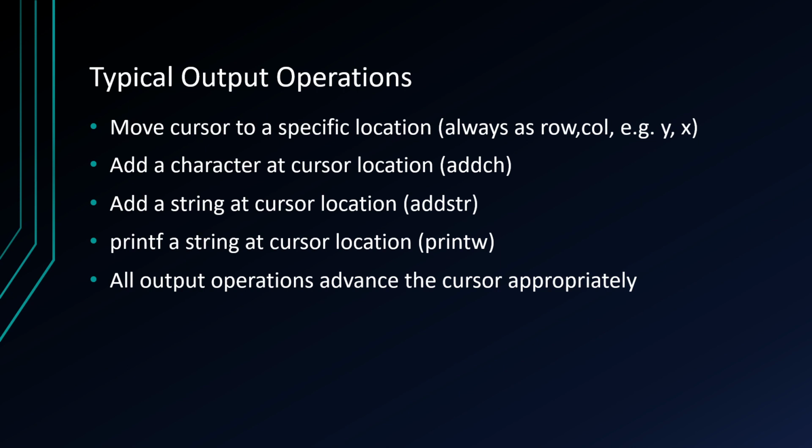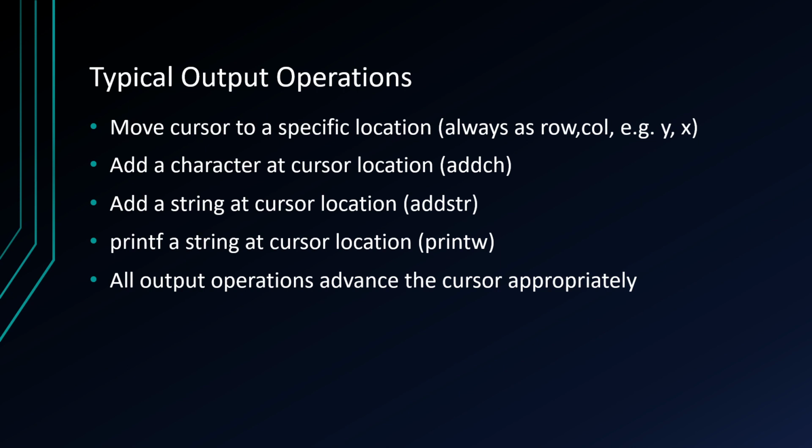And after you perform these output operations, the cursor position is advanced accordingly. And that means that if you try to write past the end of the right-hand side of the window, the default behavior is to wrap around and go to the first column of the next line in the window and continue outputting characters. That can be changed, but that's the typical thing, which is typically what you want.